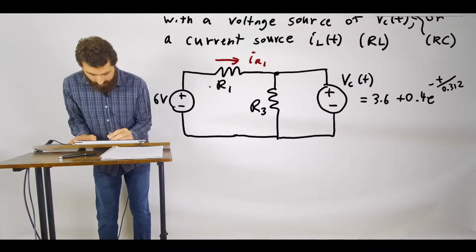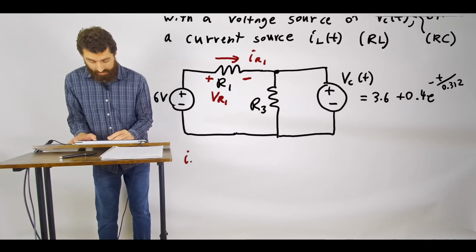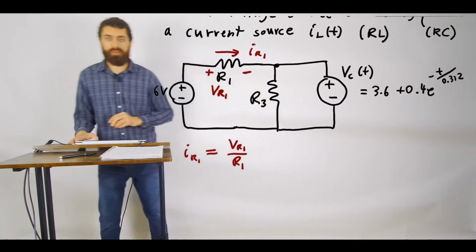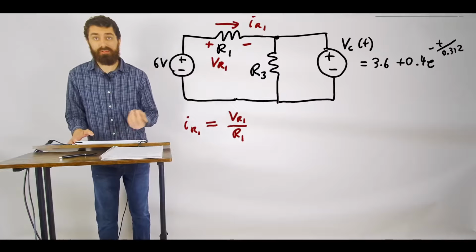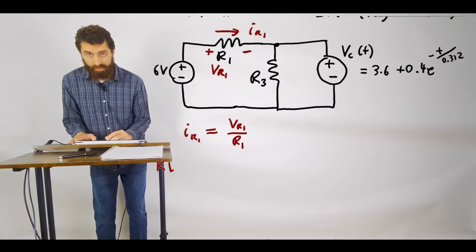Let's define a voltage across the resistor, call it VR1. We want IR1, which is just VR1 divided by R1, based on how we assigned the polarity. So we just need to find VR1, and we can do a KVL loop here.